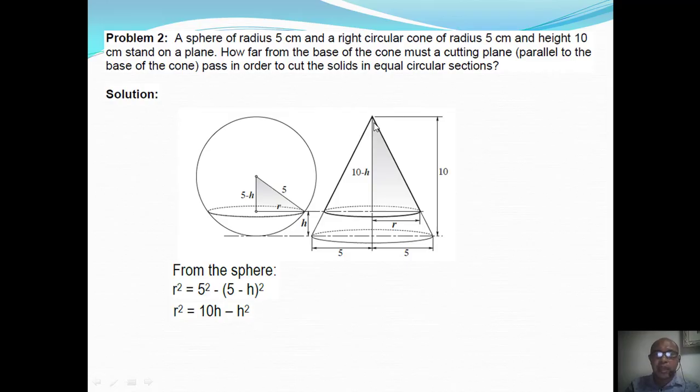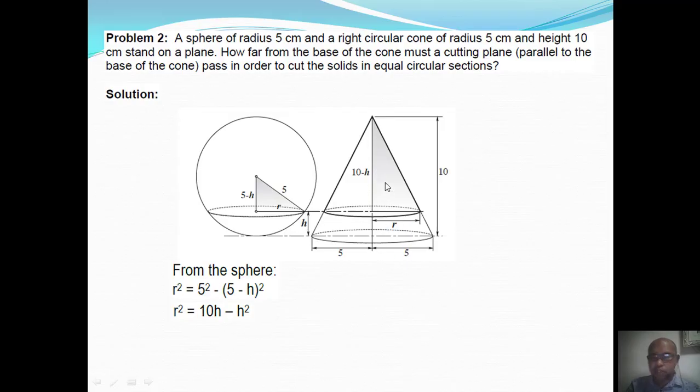Then from the cone, the radius of the base is 5 and the height is 10, and at the cutting plane, the radius is r and the height is 10 minus h.